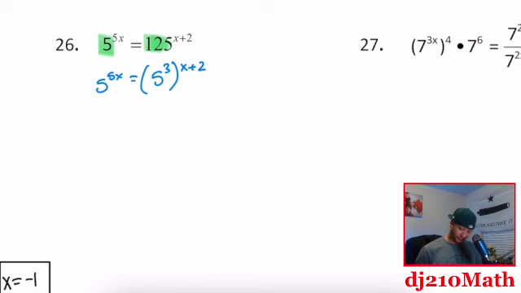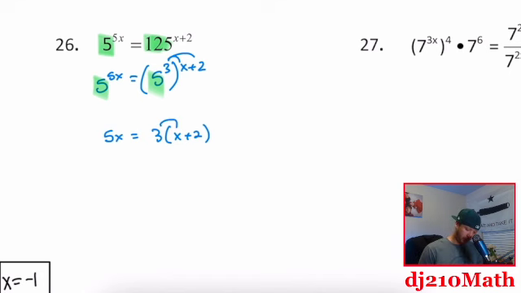So 5's match. We have on the left 5x. On the right, we have 3. Again, this has to distribute because a power raised to a power you multiply. X plus 2.